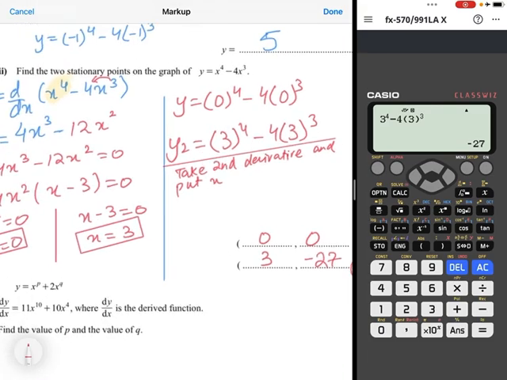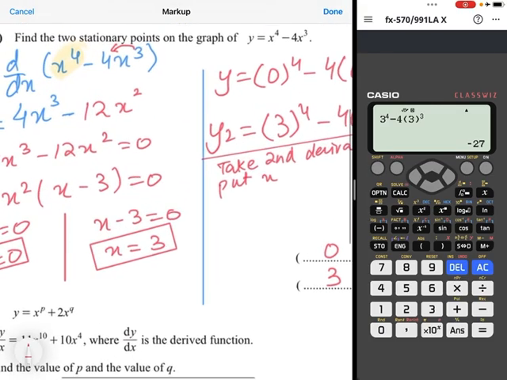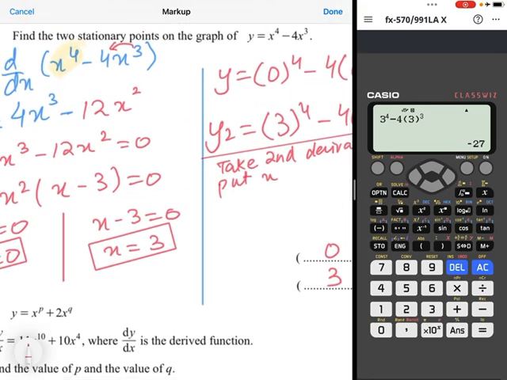For example, the second derivative would be 4 threes are 12x square minus 12 twos are 24x. That would be the second derivative.